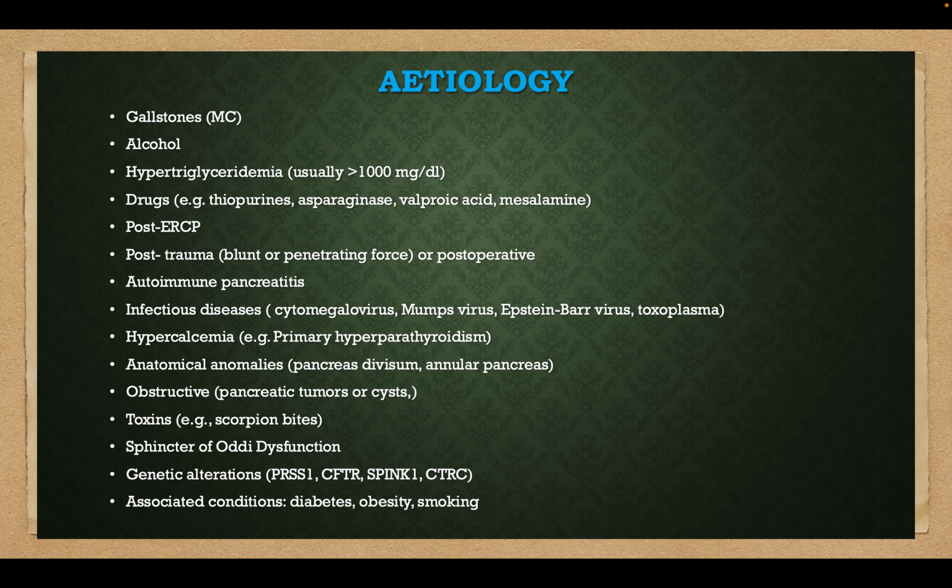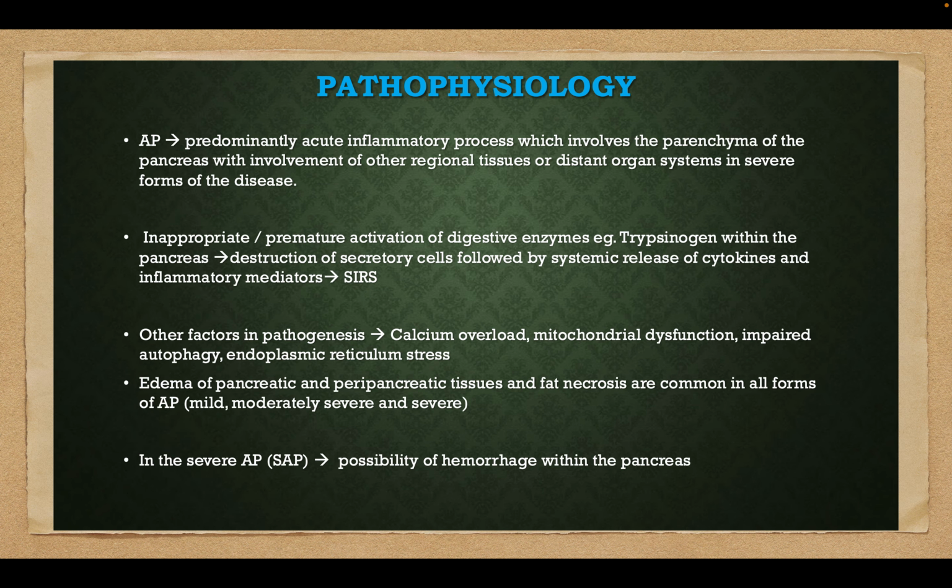You need to have a level above 1000. Then there are different drugs. I have seen one case of L-asparaginase, then post ERCP, post trauma, viral, autoimmune, and there's a whole list of others. But I think we should not forget the big three, and of course post ERCP and post viral. Especially we had COVID, and we have seen so many cases of pancreatitis post COVID.